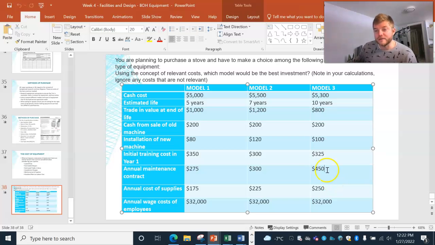That's $4,500. So it's not a $5,300 stove. It's a $9,800 stove. $5,300 plus 10 years of maintenance, plus 10 years of annual cost of supplies. So I'm going to have to use another $2,500 in supplies here. So there's a lot of things you want to look at before you just decide which stove that you want.